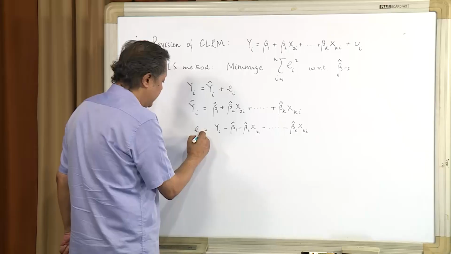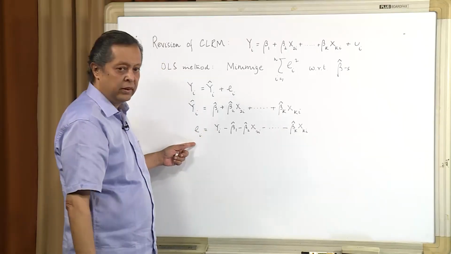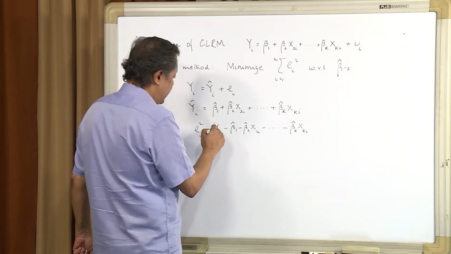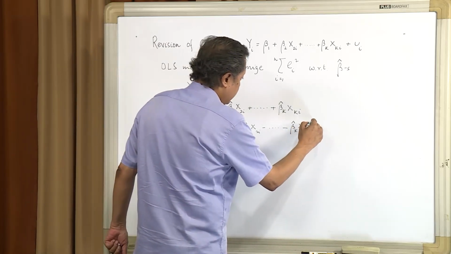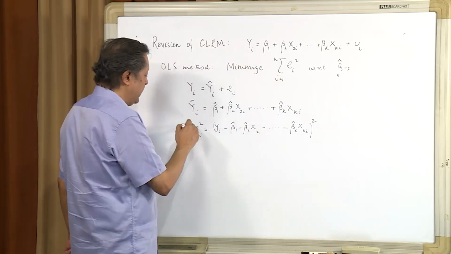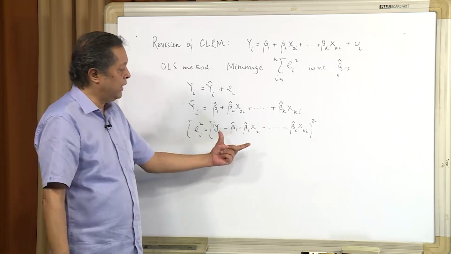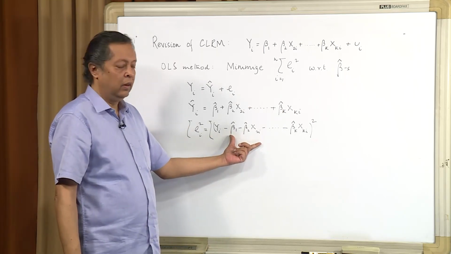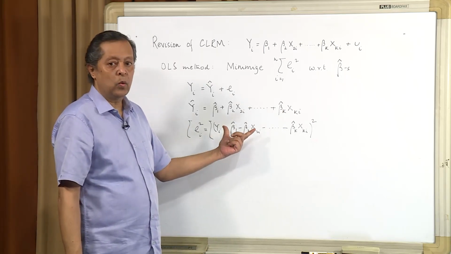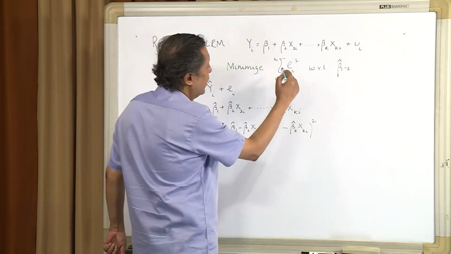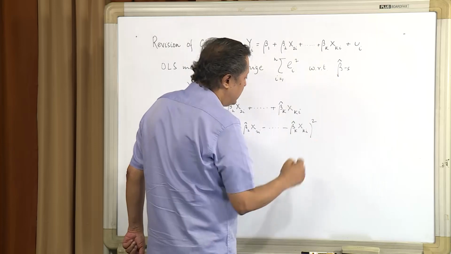So, that is the error of estimation for the ith observation, and the square of that is expressed by putting a whole square and then we sum from 1 to n. So, that is the expression for the sum of square of errors, and we minimize the summation of ei square with respect to the beta i's.